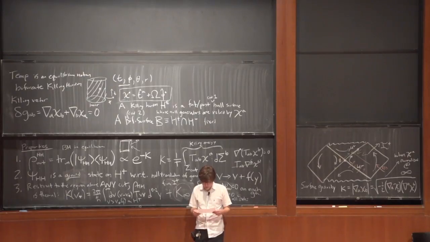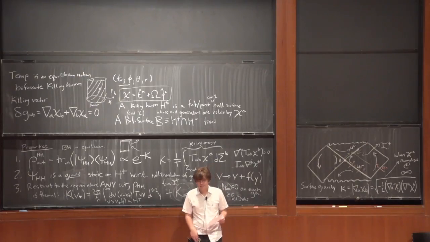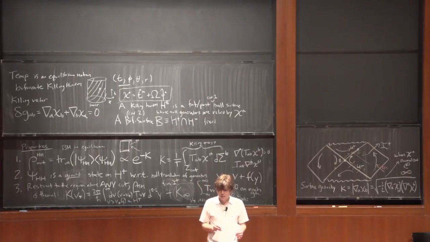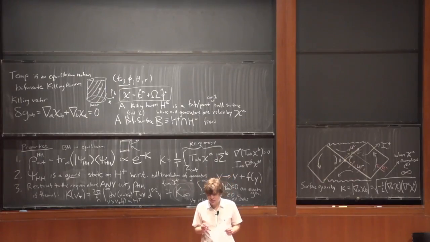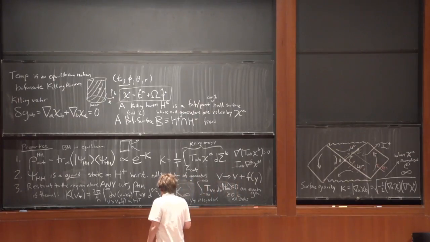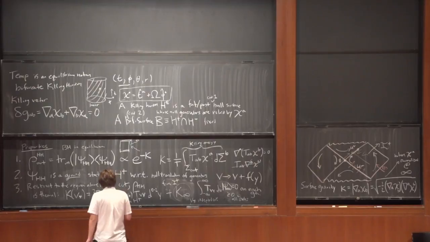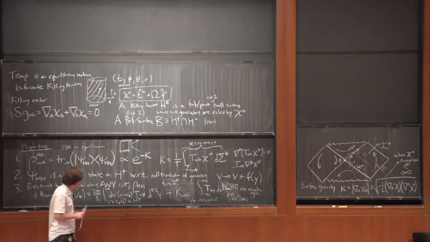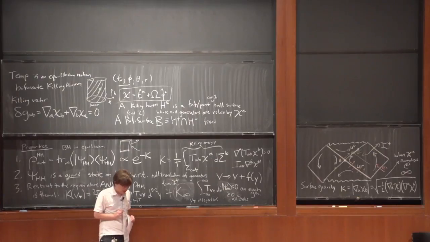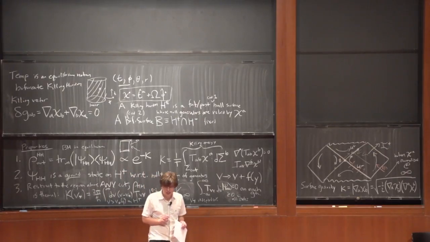Okay. Yes? For a general field theory in curved space, how can you show the second one? So that's the other comment I should mention: when I originally proposed this, I could only show it for theories that were free in the ultraviolet, but there's now a paper by Casini, Teste, and Torroba where they proved it more generally.